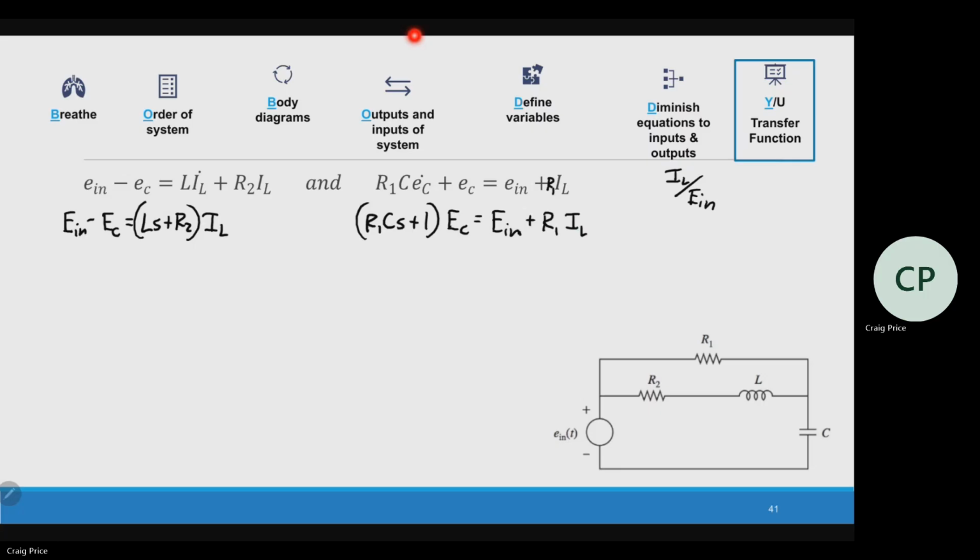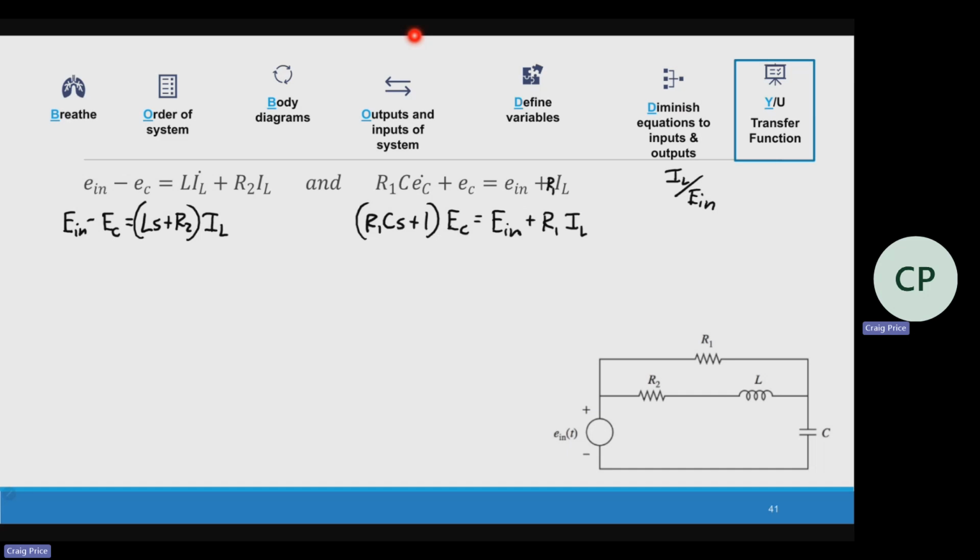So if I want to get to a transfer function, again, the impedance method is a way to get to the transfer function as well. It's a way to look at it in terms of a certain variable. But from this, we want to get to that transfer function where we have IL and EN.